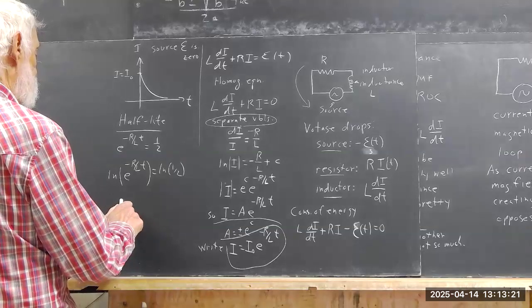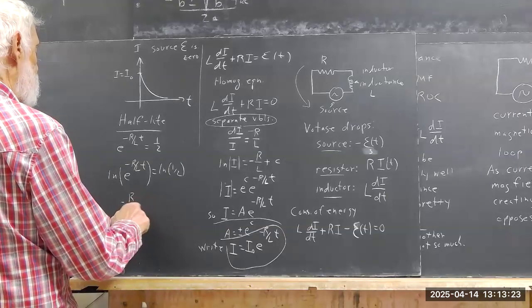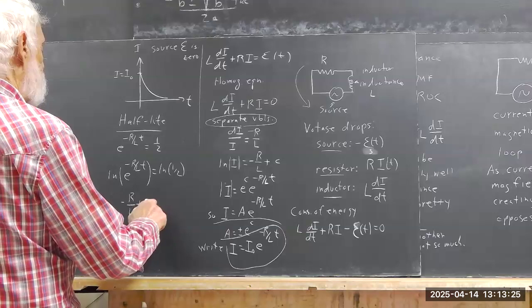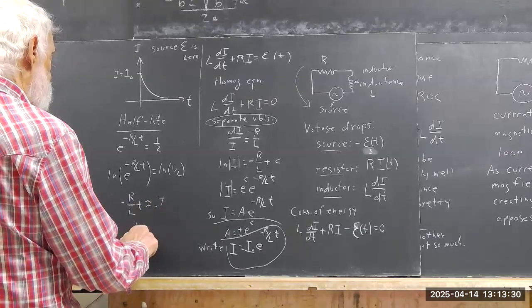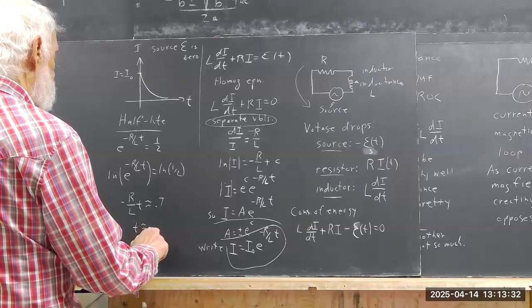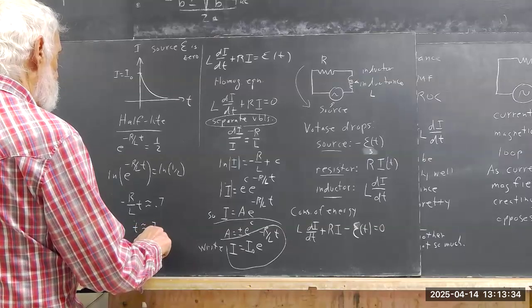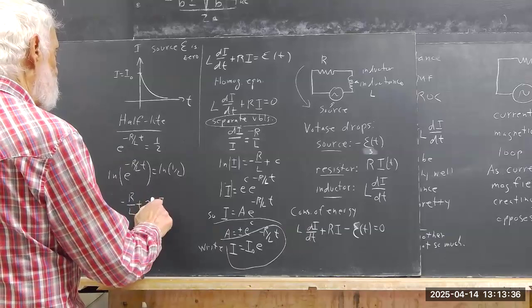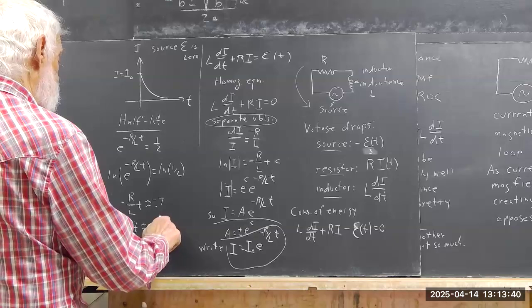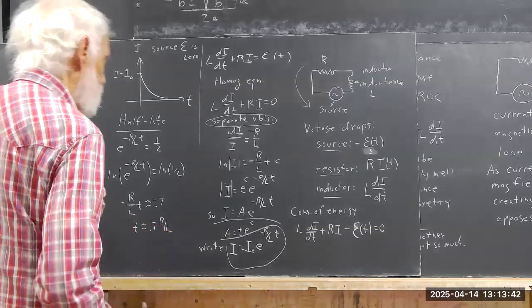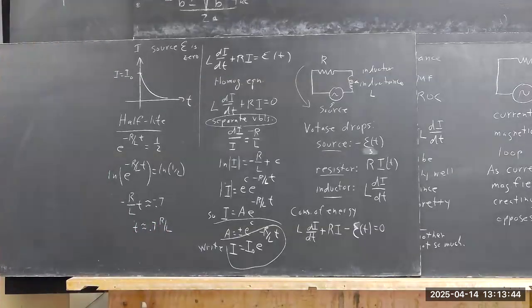And I'm going to get negative R over L t approximately equals negative 0.7. So the t approximately equals 0.7 times L over R. Okay.